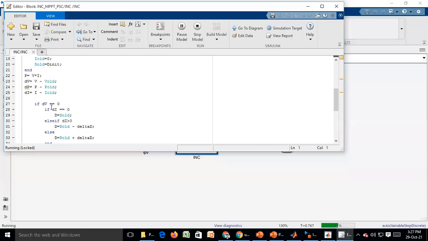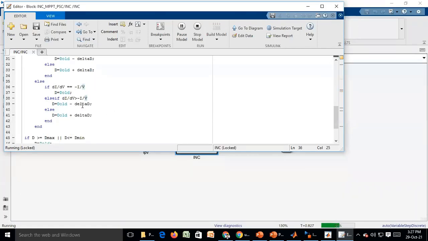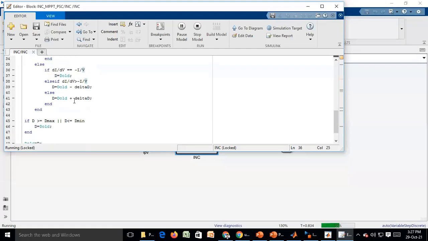In the P and O, we check whether dP equals 0, and dV equals 0 or dV greater than 0. But whereas in the incremental conductance, voltages and currents we will check, and the dI by dV ratios we will see. You see here, this is dI by dV equal to minus I by V. Then how the D will change? Or if dI by dV is less than, else, then how it will be.